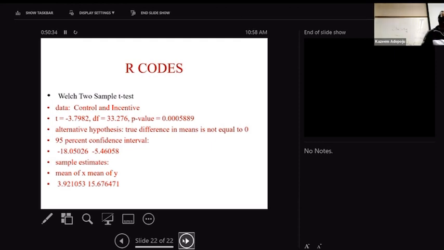No. When your confidence interval is from negative to negative or positive to positive, then that means there's a significant difference. It is only when you have a confidence interval from negative to positive that you're going to say there is no significant difference. So right now, the confidence interval agrees with the p-value.